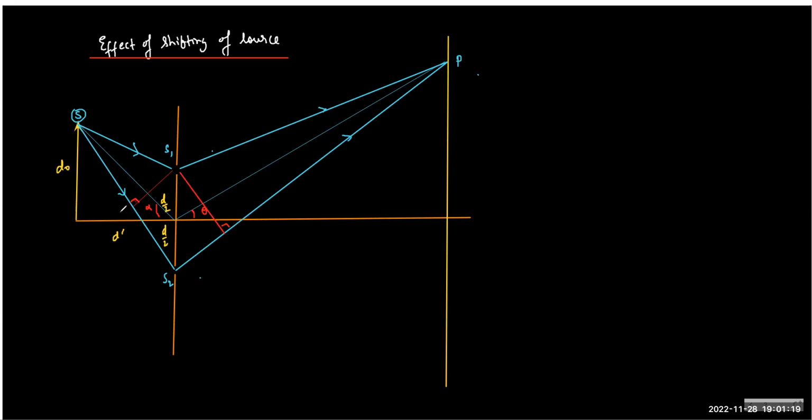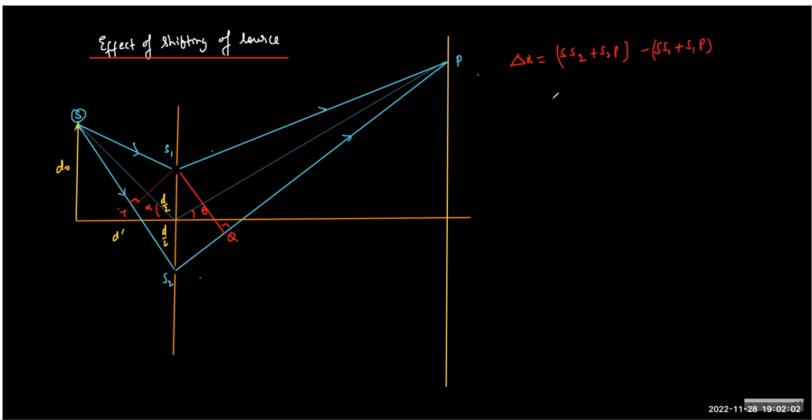If this is Q, this is S, R, T, then SS1 and ST are equal. So the S2 path is becoming bigger by the value TS2 and S2Q, right? So the path difference is SS2 plus S2P minus SS1 plus S1P.